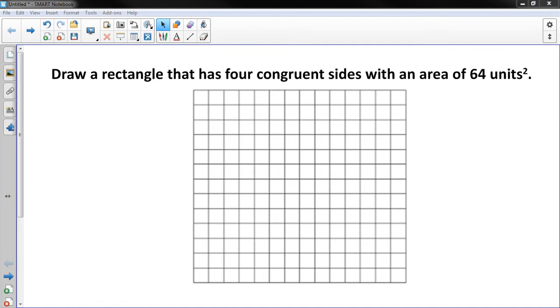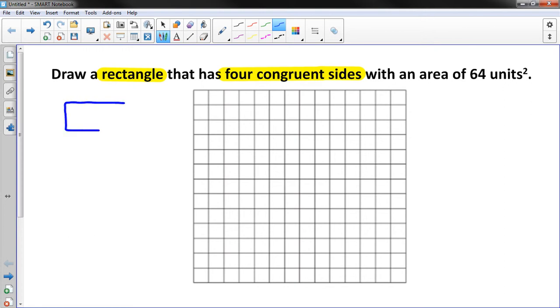First problem here is draw a rectangle that has four congruent sides with an area of 64 units. Alright, well, let's focus on some keywords here. We've got to draw a rectangle and it has four congruent sides. So I'm going to sketch that on the side.